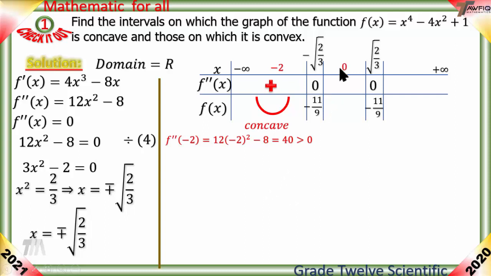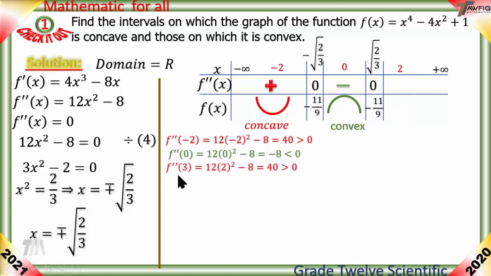And we take 0 between the minus and the positive. f double prime of 0 is equal to 12 times 0 squared minus 8, which is equal to minus 8, less than 0. That means it is convex. And take here 2 and replace it. f double prime of 2 is 12 times 2 squared minus 8, which is 40, bigger than 0. That means it is a concave interval.